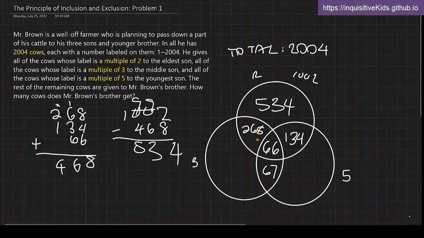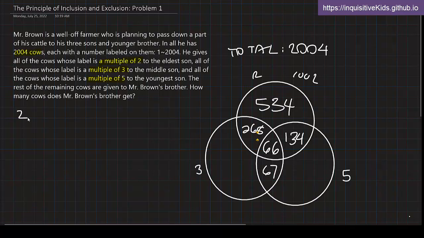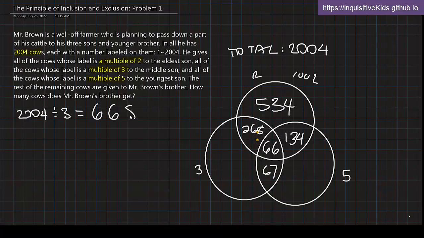Now we have the same steps for 3 and 5. First, we can divide 2004 by 3. 2004 divided by 3 is 668. So there's a total of 668 multiples of 3 in 2004. 2004 itself is a multiple of 3.